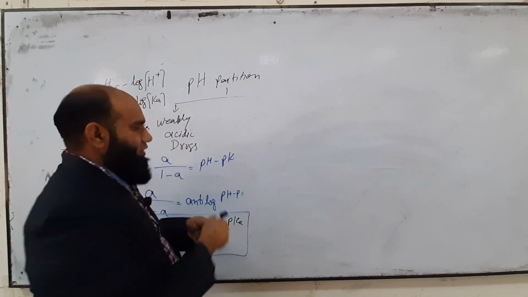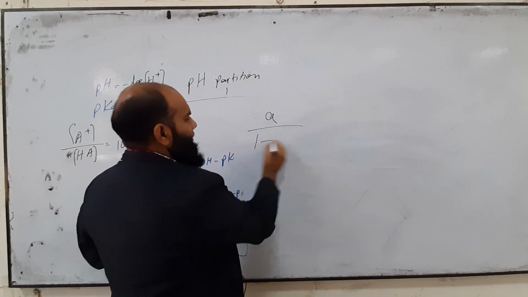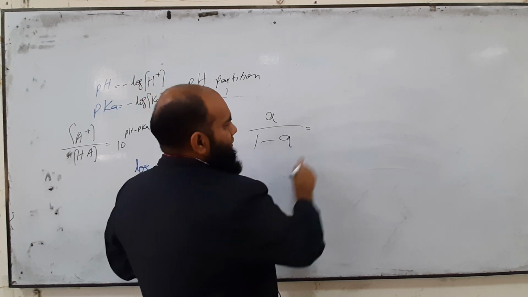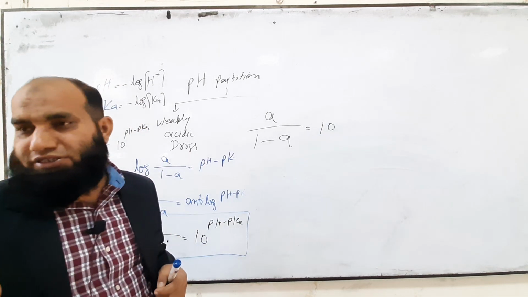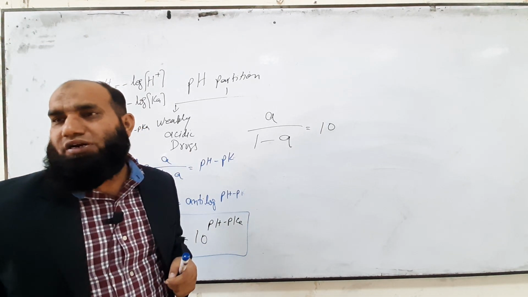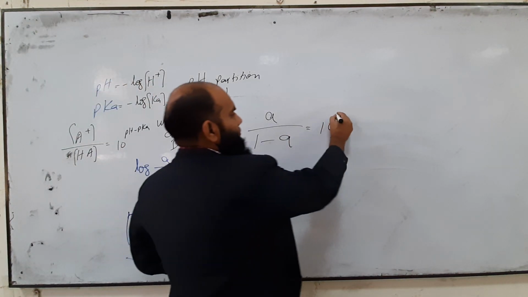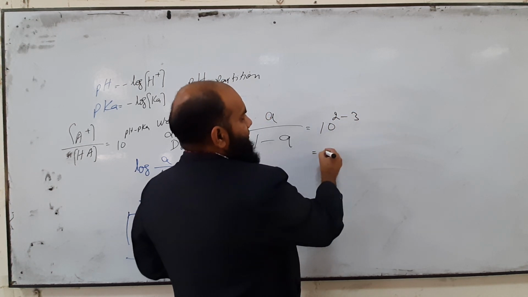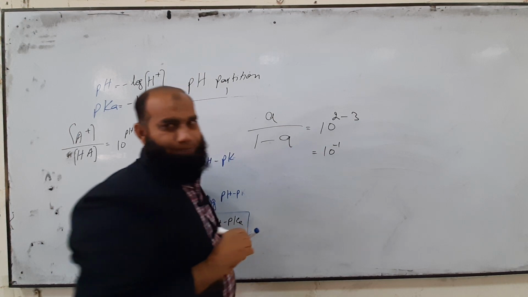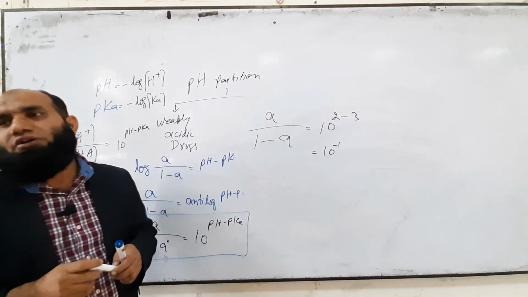Ionized form of the drug divided by unionized form of the drug equals 10 raised to power pH minus pKa. Now we are assuming that the pH value is less and the pKa value is higher. So pH is 2 and pKa is 3, the difference is 10 raised to power minus 1.